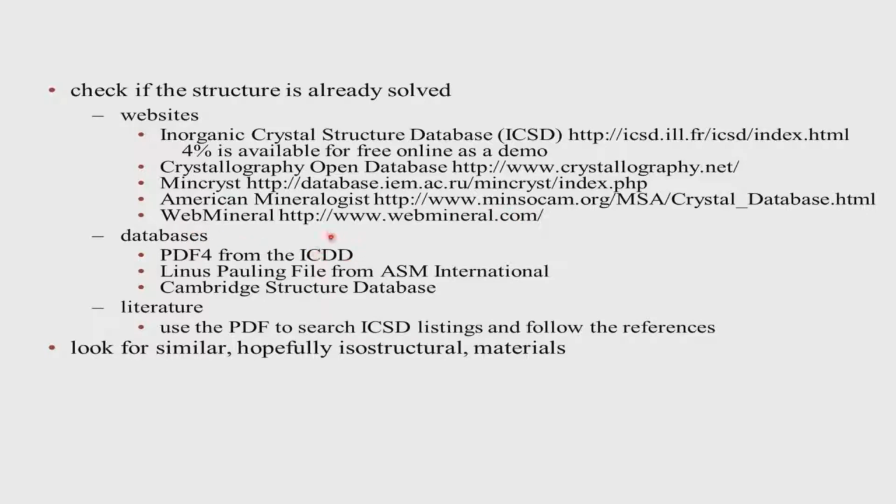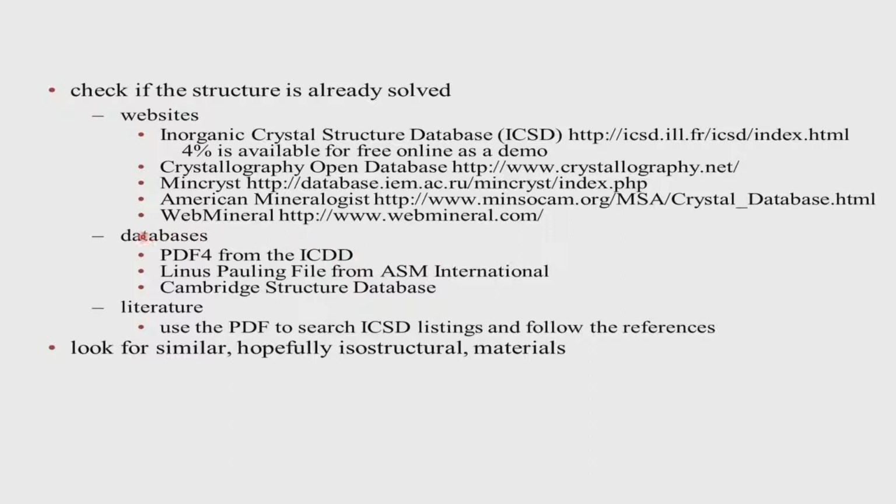As I already mentioned, the International Center for Diffraction Data is the most foremost available ICDD package, which will be using a program, a package called PDF4, which can be bought at a cost. And then of course we have the Linus Pauling File for ASM International. It's actually a subsection of ICDD.